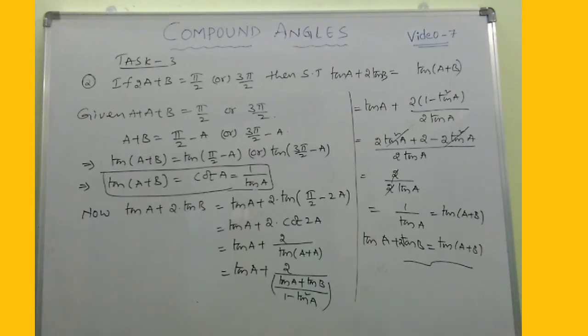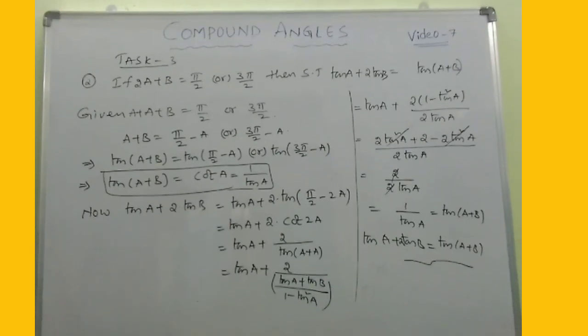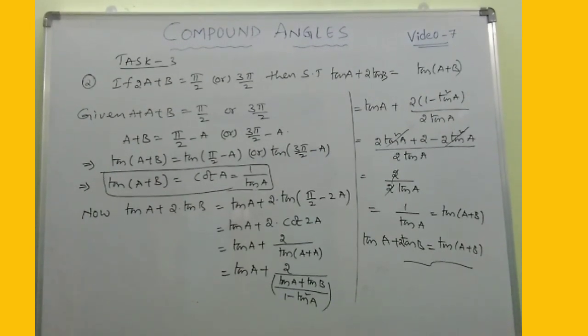See once again the solution especially. Given that 2a plus b is equals to 90 or 3 pi by 2, we need to show that tan a plus 2 tan b is equals to tan of a plus b. Just go through the solution everybody, very simple.